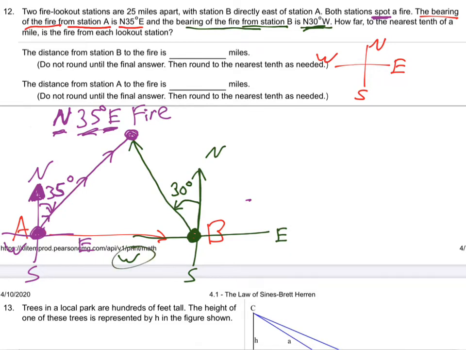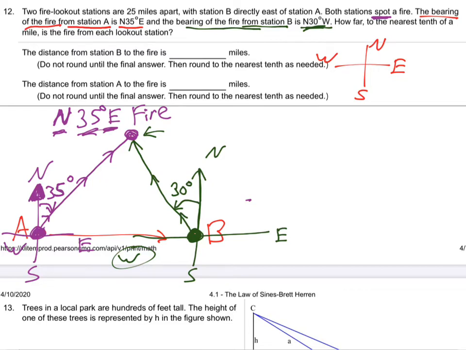This is the west from B's perspective. 30 to the west of north, that's the direction in which they spot the fire. From B, when they look at the fire, they see it. Same fire, there's just one fire burning far off up there. And from station B, they can see it north 30 degrees to the west.